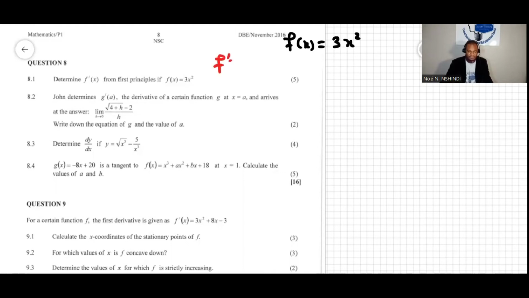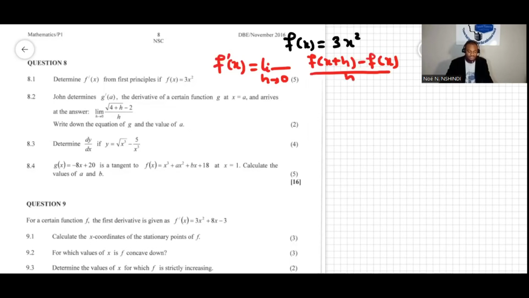The derivative f prime will be equal to the limit, abbreviated like that, of h approaching 0 of f of x plus h minus f of x, all over h.